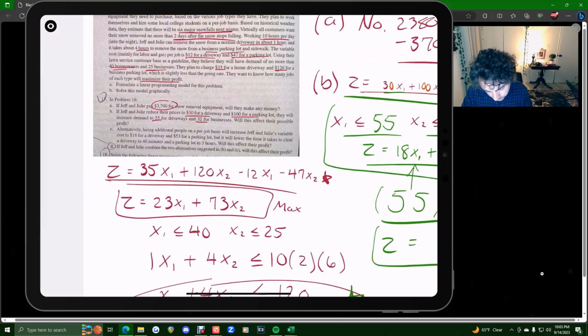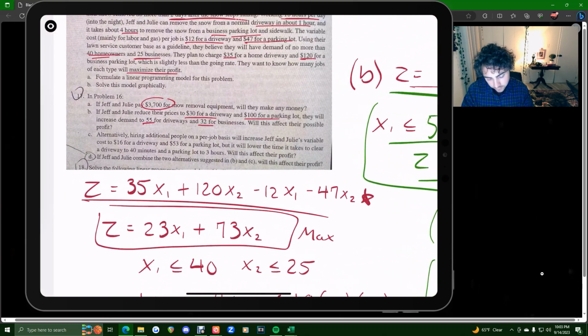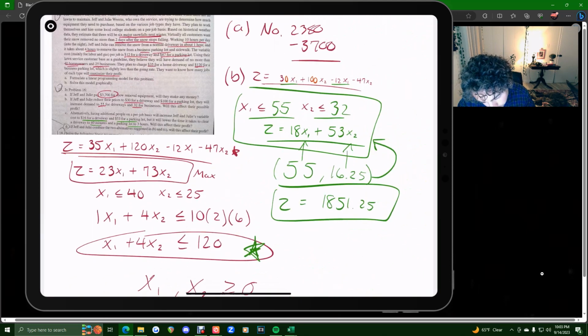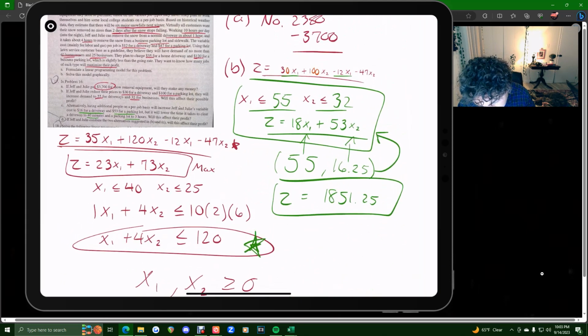Now, part C. They say alternatively, hiring additional people on a per job basis will increase the variable cost, 16 a driveway, 53 a parking lot, but it will lower the time to 40 minutes and 3 hours. Will this affect their profit? So let's talk about that. We have to change our profit equation again because now it's changing their variable cost.